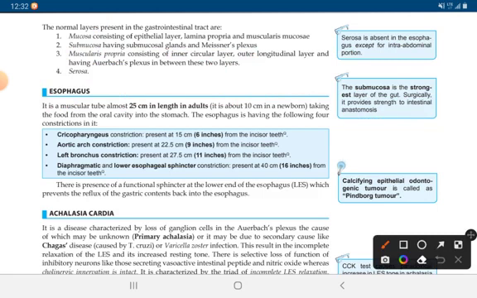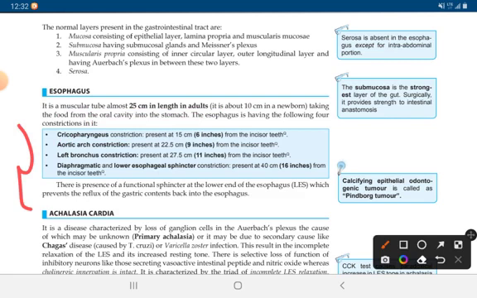Esophagus is a muscular tube almost 25 cm in length in adults and 10 cm in newborns, taking the food from the oral cavity into the stomach. As we all know, the esophagus has 4 constrictions. The cricopharyngeus constriction is present 6 inches from the incisor teeth.